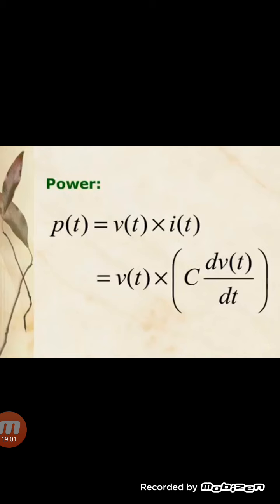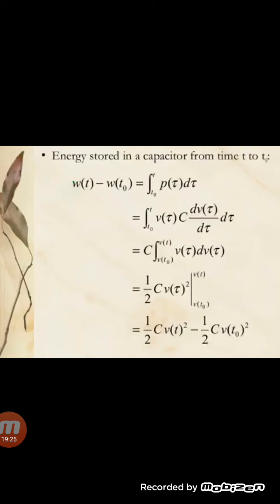If we want to find the power of the capacitance, you can also compare it with that of the power of the inductor, that is v of t into i of t. V of t is this one and i of t is C dV over dt. It means that it is the rate of change of voltage with respect to time.